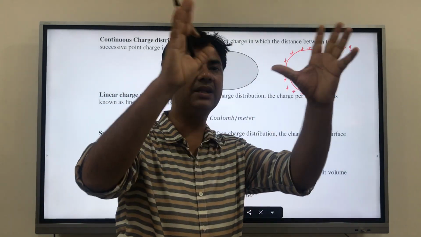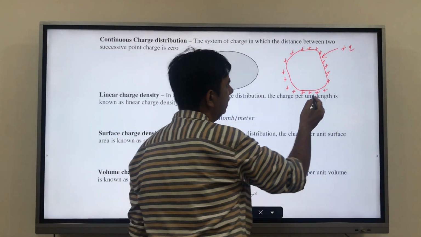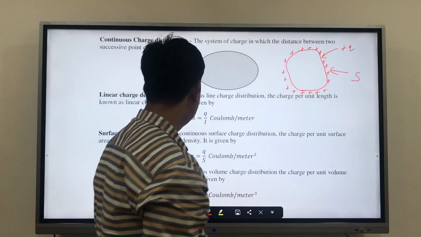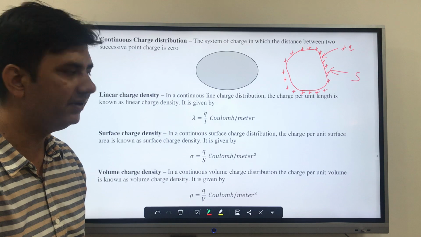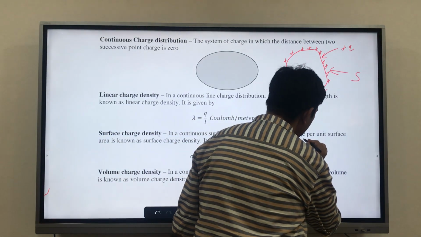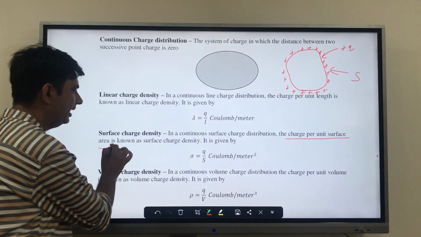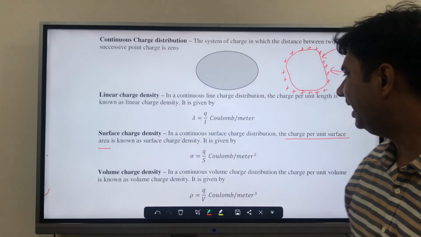The charge will get distributed all over the surface. In a continuous surface charge distribution, the charge per unit surface area is known as surface charge density, and it is denoted by sigma.